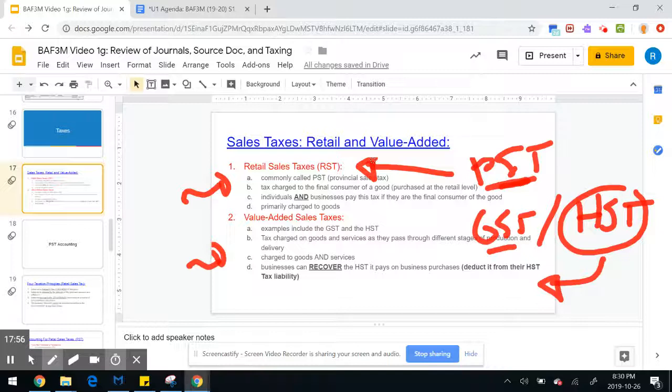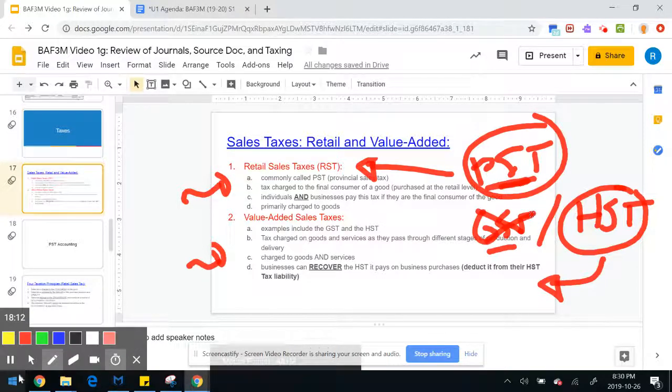So the 2 things we basically learn are how to do PST and HST. GST, we're not doing transactions related to directly, just because there is only one in Ontario right now. If you know how to do HST, then you know the same skill as how to do GST. So just to simplify, we're not doing that.